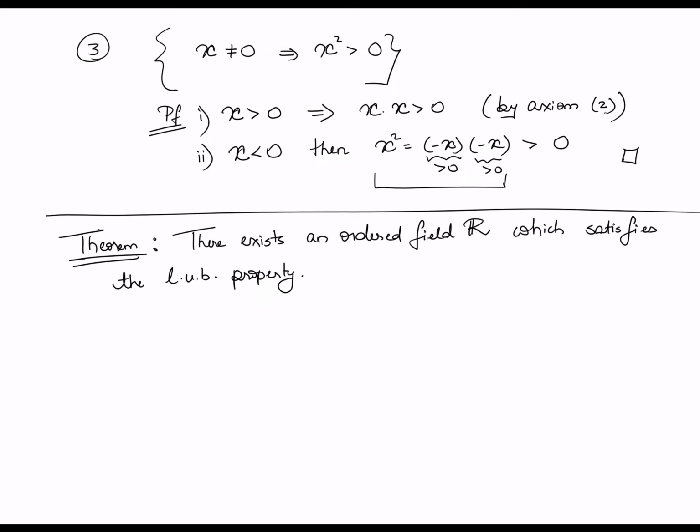This is how I define R. In fact, R, it turns out, is an ordered field which satisfies the LUB property. Such a construction is possible is what this theorem is saying. Moreover, R contains Q, the set of rationals, as a subfield.